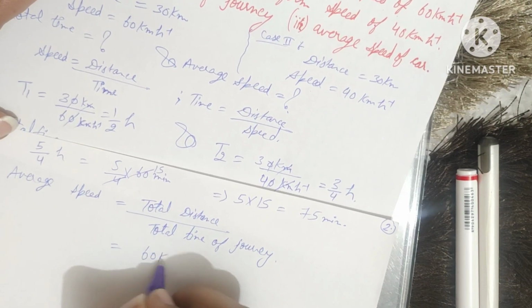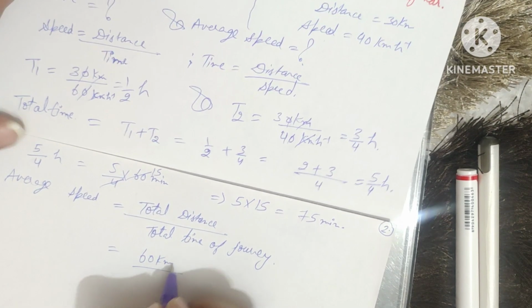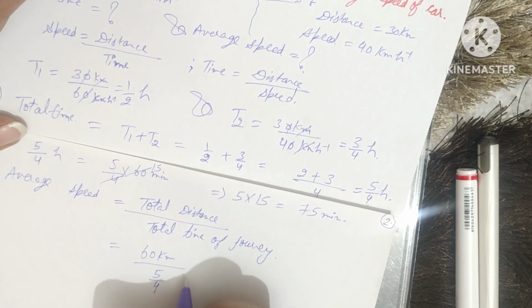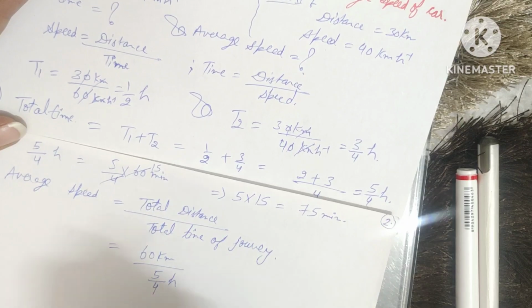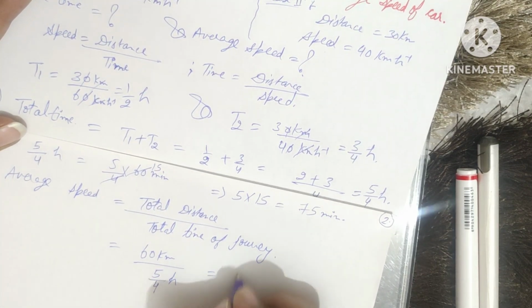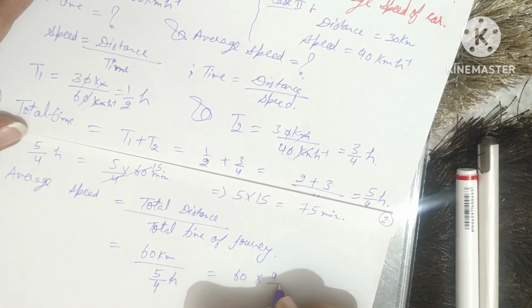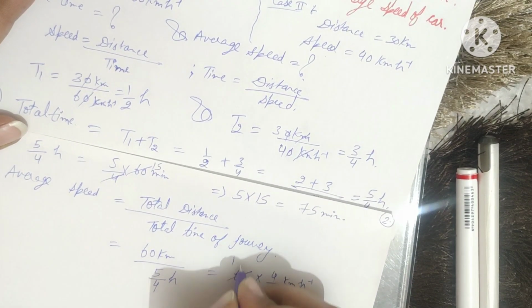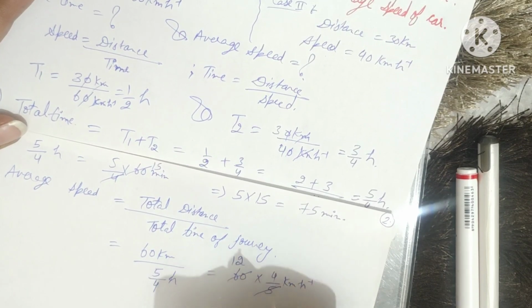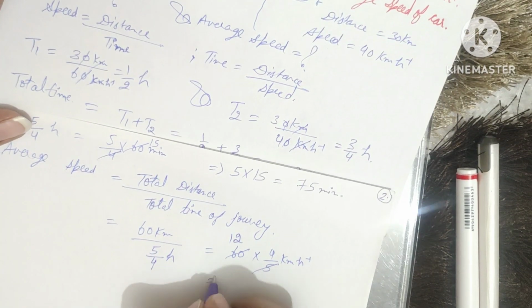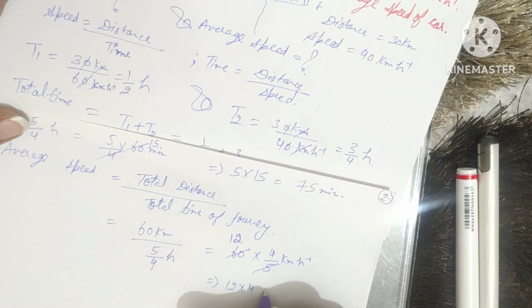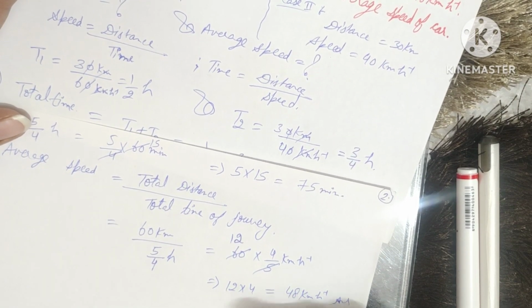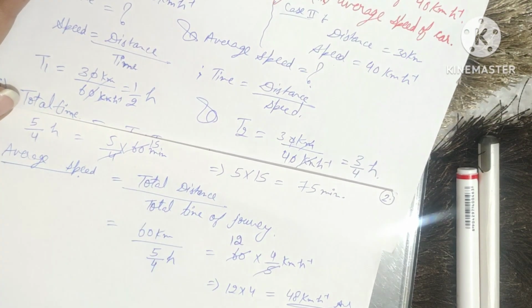So 60 kilometer is the total distance, and the total time we just found is 5 by 4 hour. Which is equal to 60 into 4 by 5 in kilometer per hour. After cancelling, we are getting 12 into 4, which is 48 kilometer per hour, is your answer for the average speed of this question.